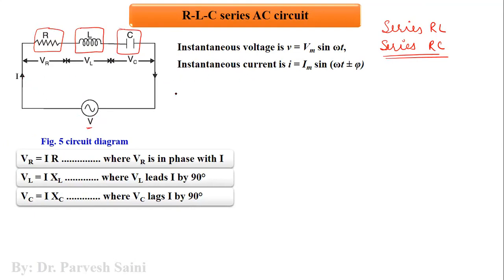So here, this I and V are the RMS values of I and V respectively, where V is Vm sine omega t, which is the instantaneous voltage applied, right? And I is the instantaneous current, which is Im sine omega t plus minus phi. Now, why do we have this plus minus phi?